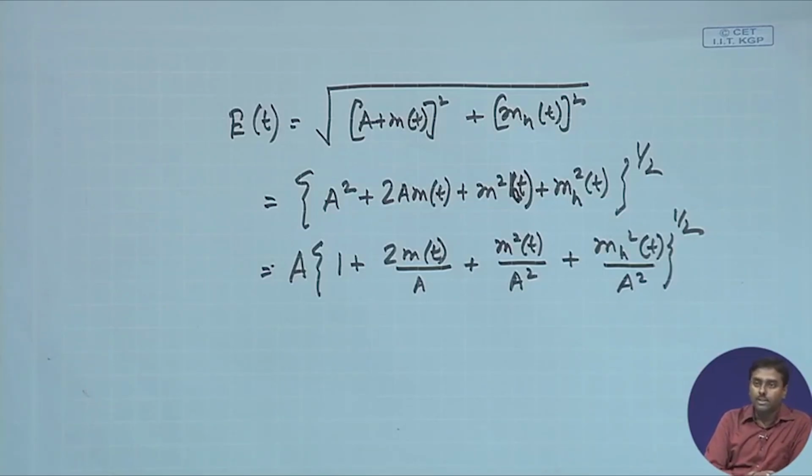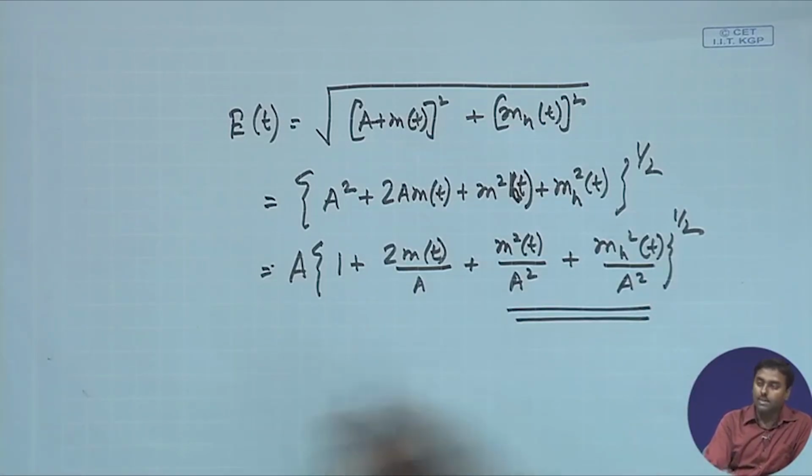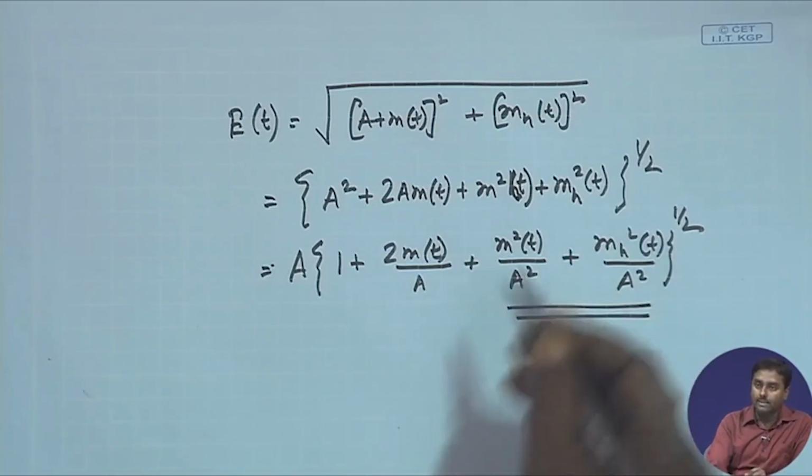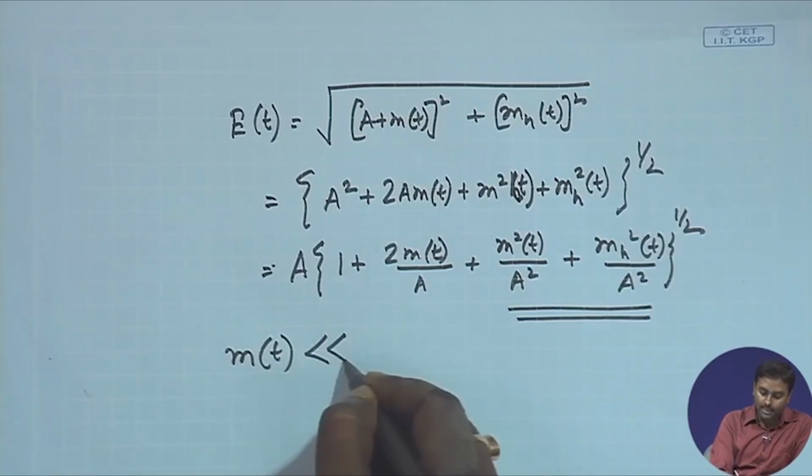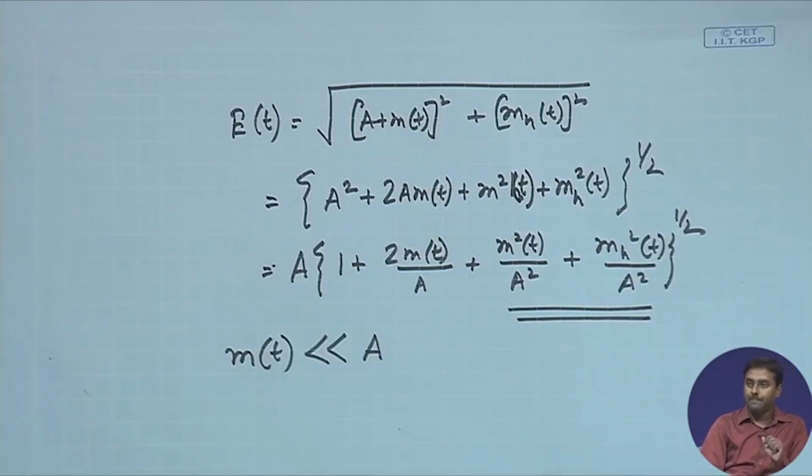Now I will try to put some approximation where I can actually detect m(t). I know that the square terms are bothering me, so I need to somehow take them out. When can I neglect them? If m(t) is much less than A. And you can also see the Hilbert transform: for every frequency component, it gives the same amplitude.